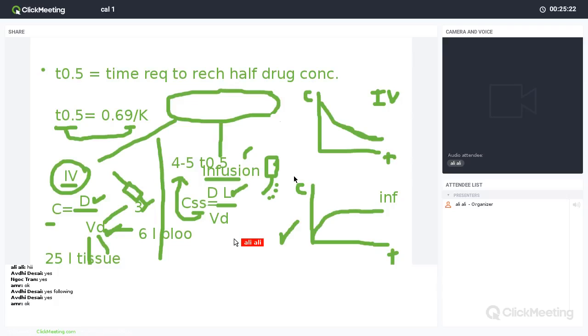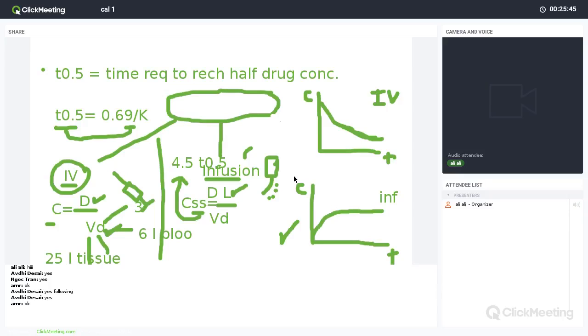Okay, from 4 to 5 half-lives, so we will write it like this: 4 to 5 T half-life. This is the time required to reach the steady state.